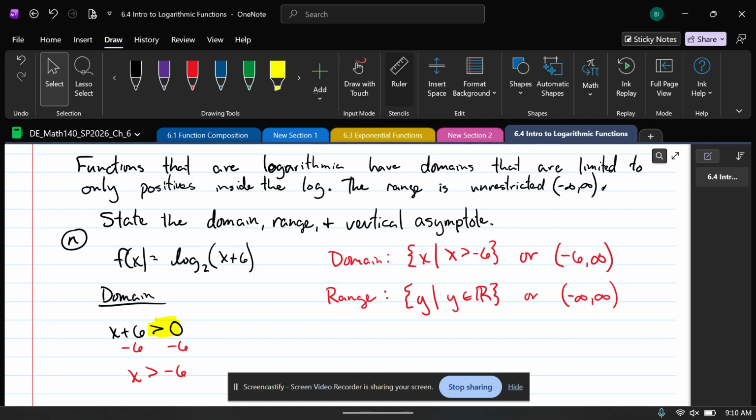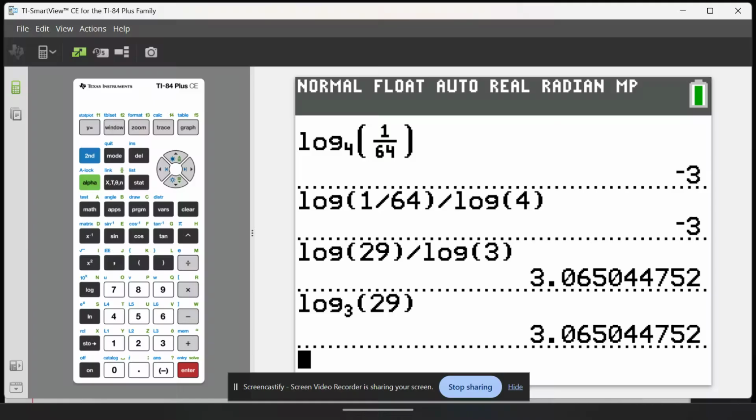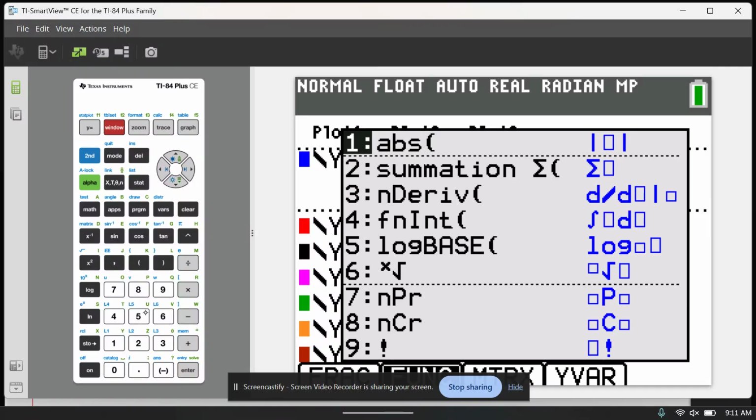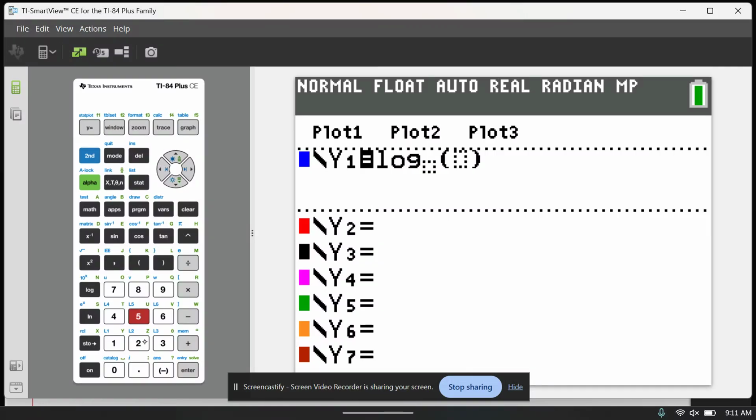Now, my vertical asymptote. Let's glance at the graph of that. Okay, so to graph this, I'm going to hit alpha window, get my log base 2, and then inside of that parentheses, I'm going to put x plus 6.